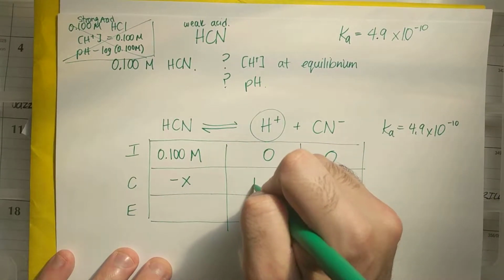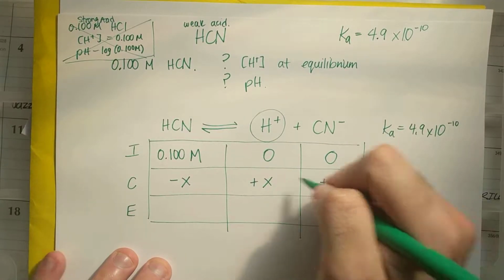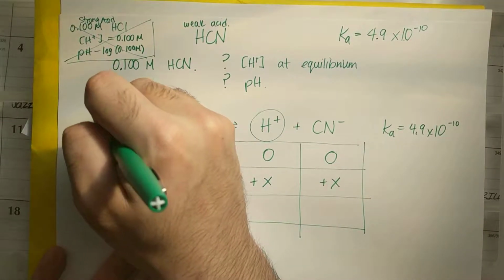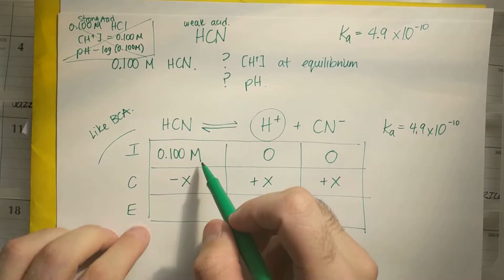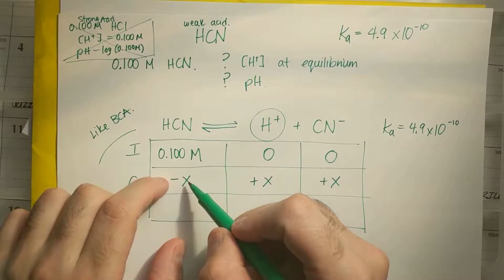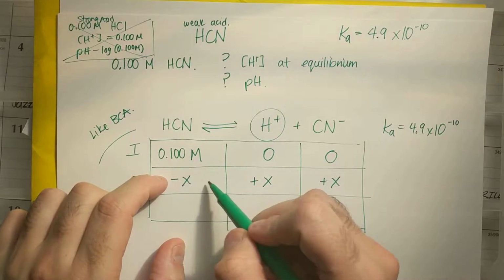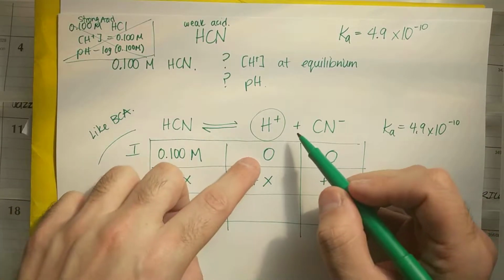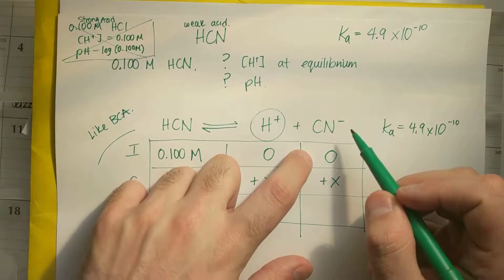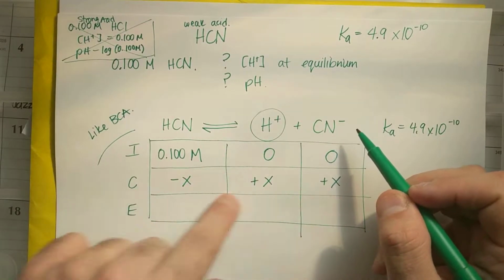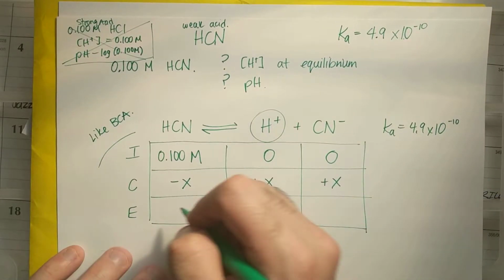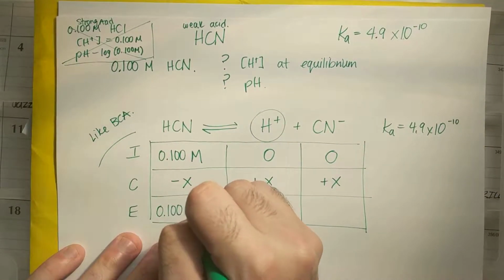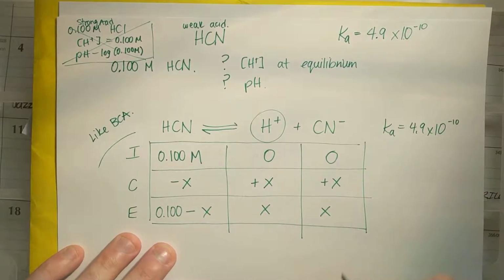So minus X, plus X, plus X. This is like the BCA table, so you may want to watch an earlier video or go back to our notes on how we do BCA tables, but the mole ratio says I'm going to use up 1 mole, and we're calling it X, and I'm going to make 1 mole of H plus and 1 mole of CN minus. I don't know how many moles yet because of the equilibrium constant, so I'm just going to label it as X, and then I write my equilibrium: minus X, X, and X.